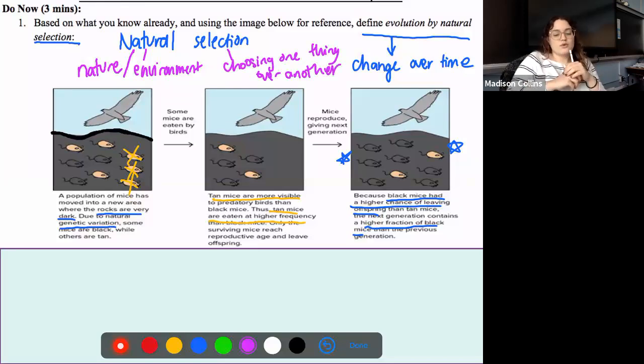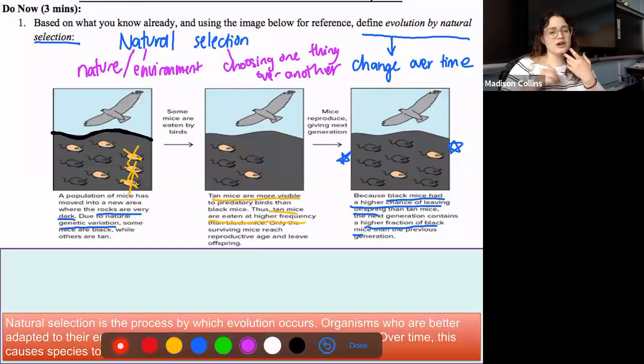So what are we choosing over another? Well, we're choosing those key traits or adaptations that are more beneficial to organisms. So when we see natural selection, we're literally talking about how the environment influences organisms' traits and what traits are passed on.